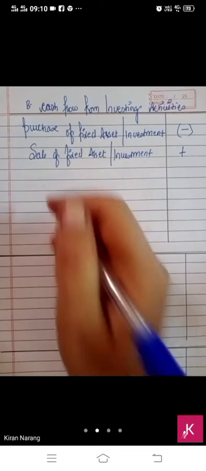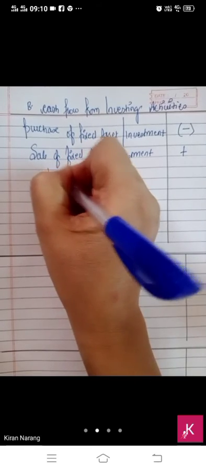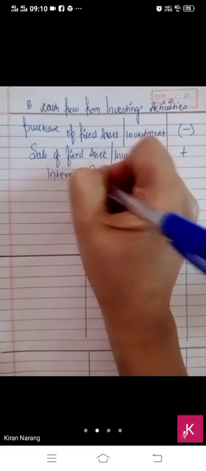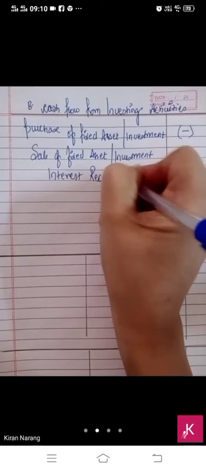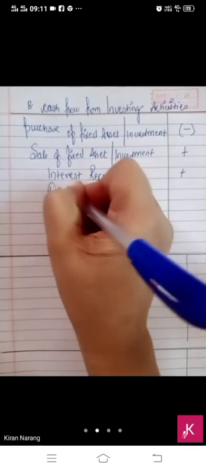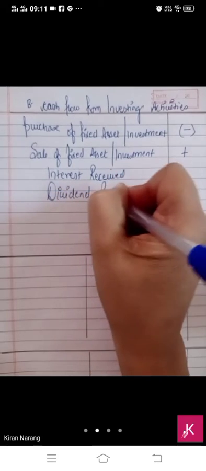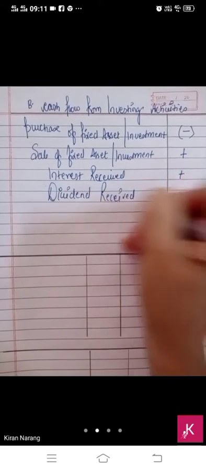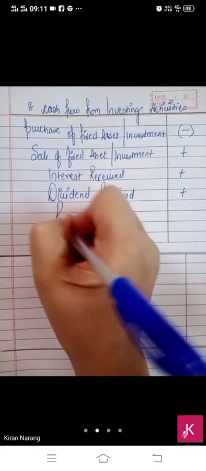It will be added. Now three incomes: interest received, dividend received, rent received.